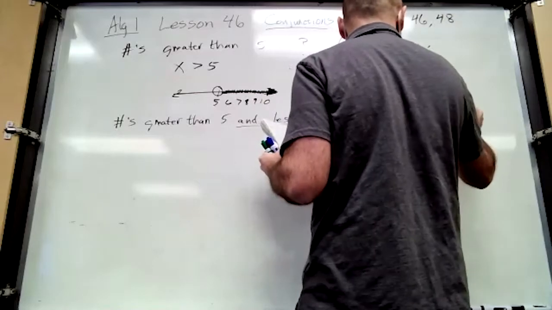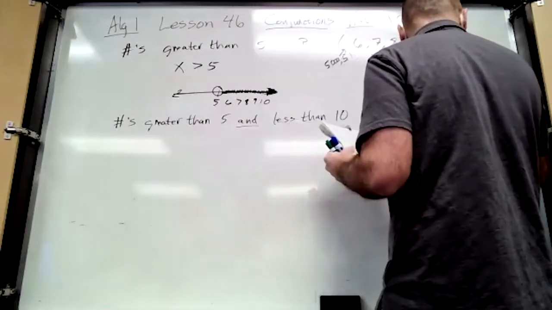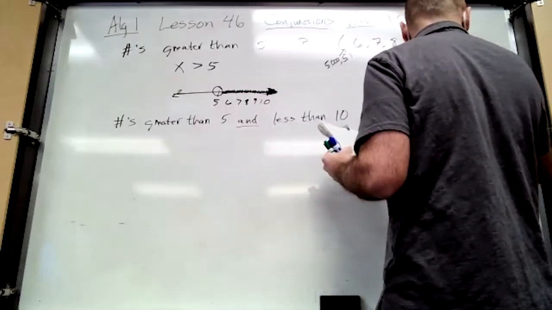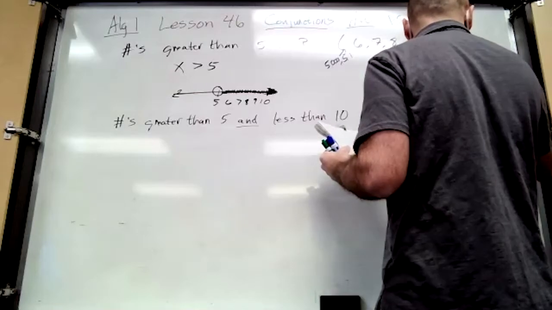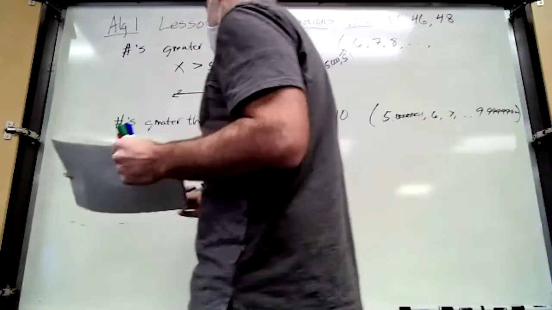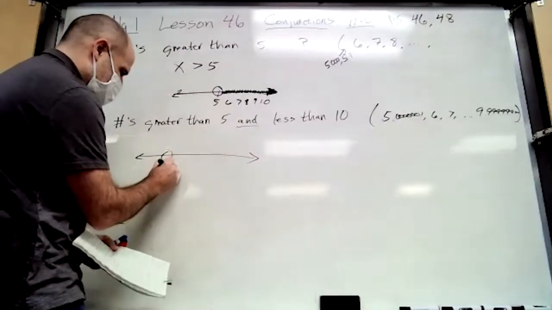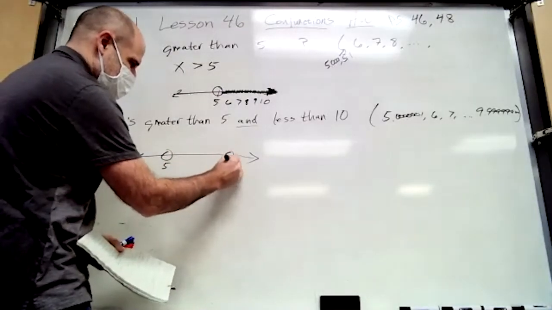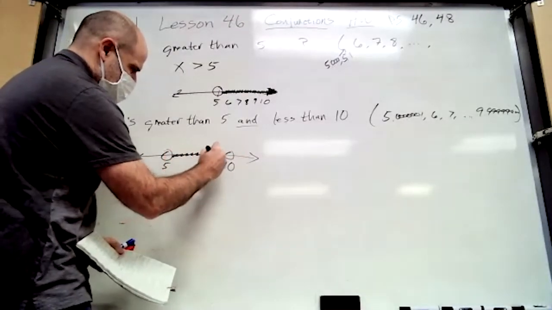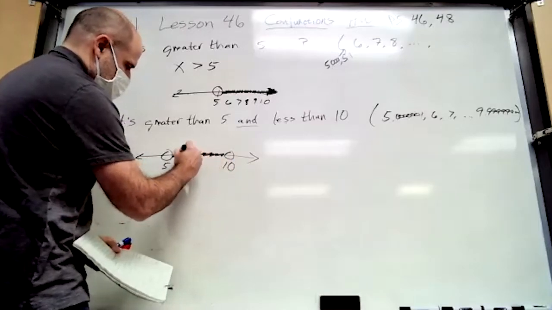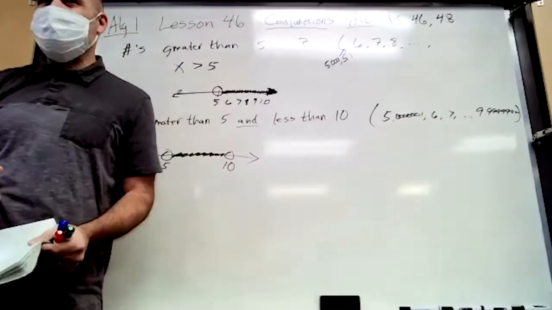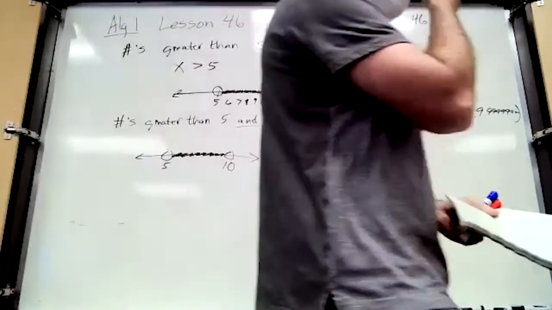You have the 6 and 7, and then you have like the 9.999999999, right? So on the number line, if it can't touch 5 and it can't touch 10, everything can be shaded in between. So that is what we call an inequality conjunction.